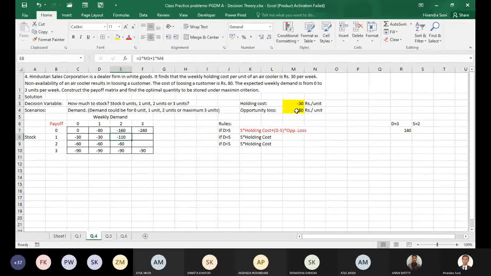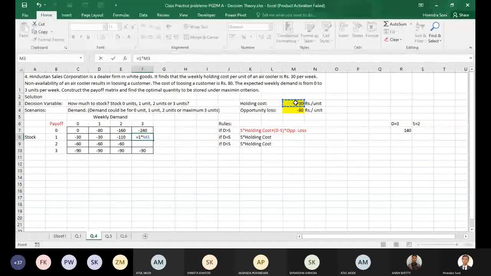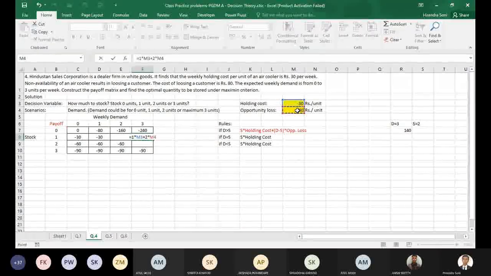Yes, sir. Now going forward, tell me about this. आपके पास में 1 यूनिट है, 3 कस्टमर्स आए, तो आपके पास में 1 यूनिट का होल्डिंग कॉस्ट लगेगा प्लस 2 कस्टमर्स का अपॉर्चुनिटी लॉस कॉस्ट लगेगा, करेक्ट? Yes, sir.